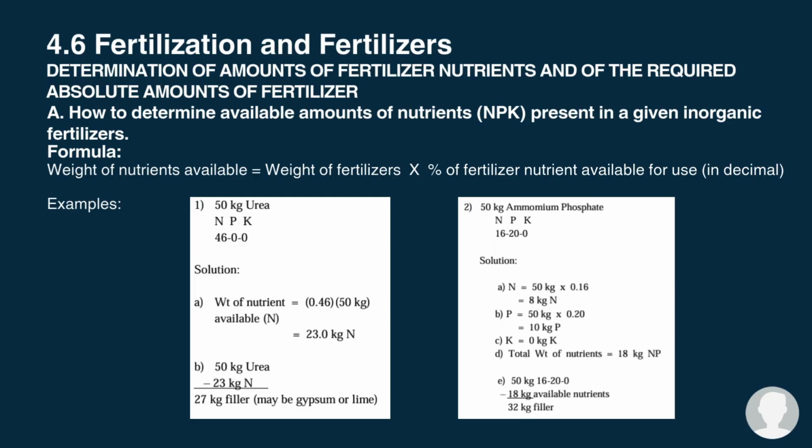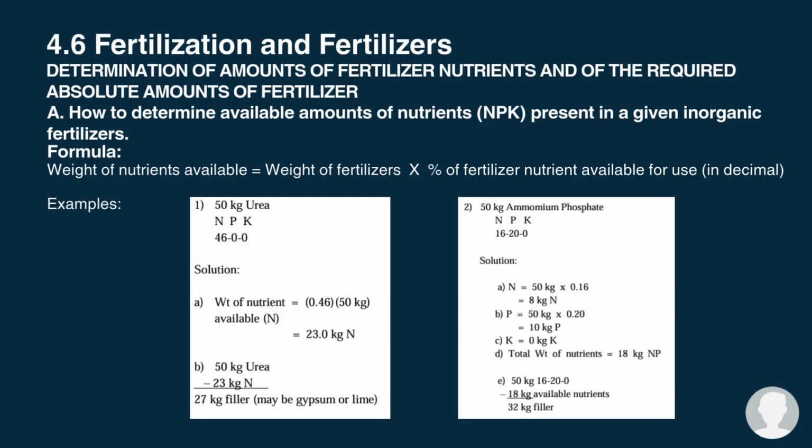Step 2 or step B is to calculate the phosphorus content. 0.20 times 50 kilogram is equal to 10 kilogram phosphorus. Then step C or step 3 is the potassium content, which is 0 times 50 kilogram is 0 kilogram potassium.